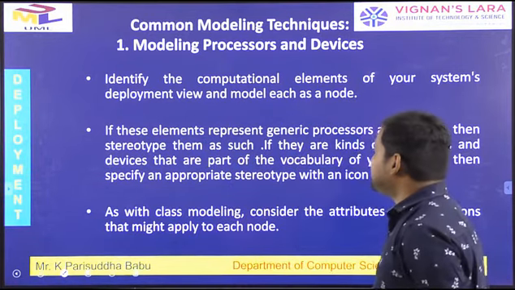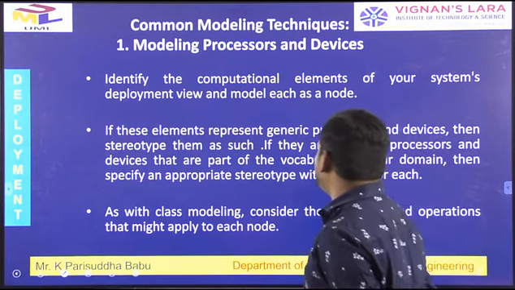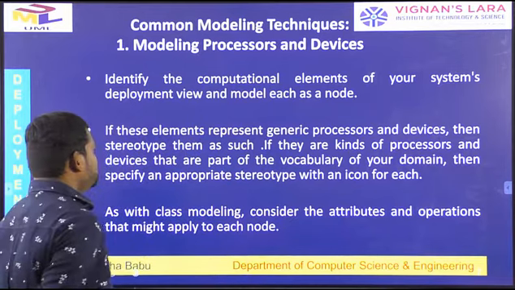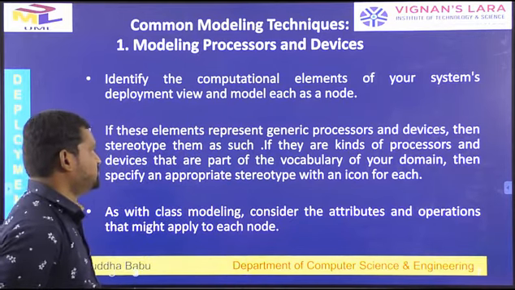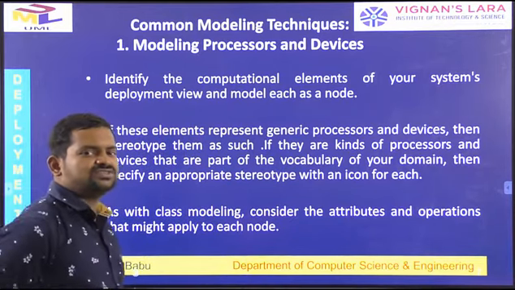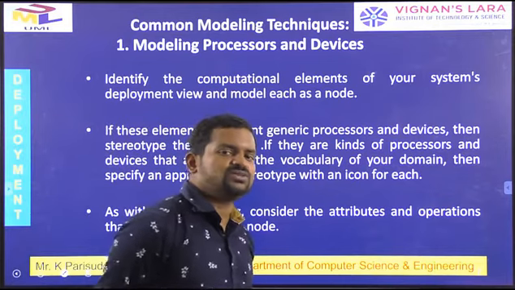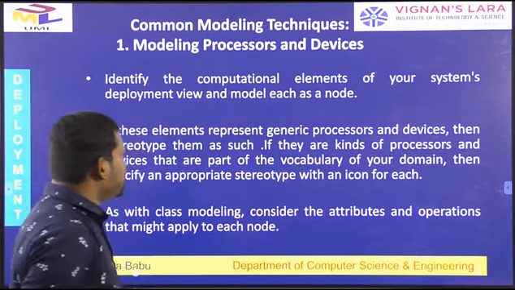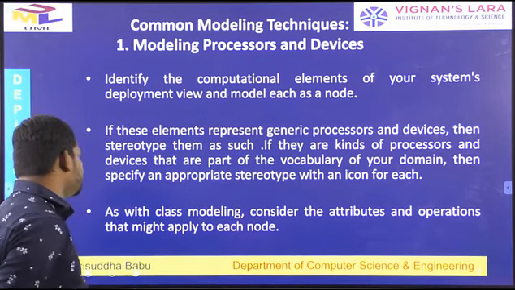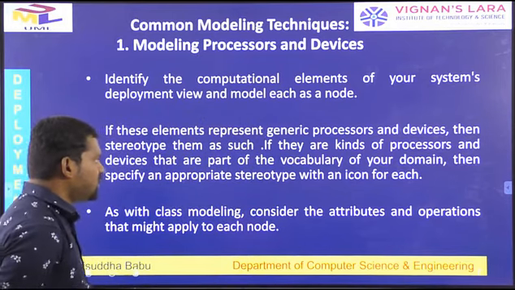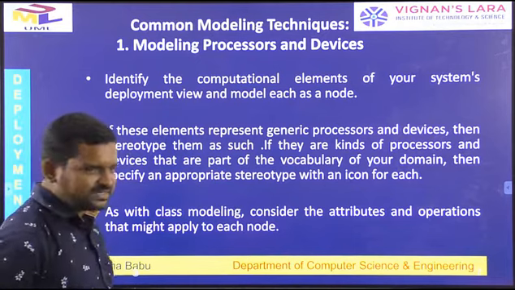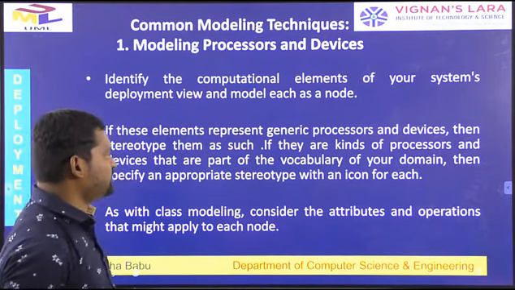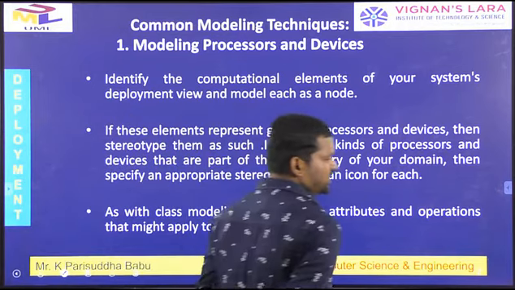If these elements represent generic processors and devices, then stereotype them as such. You may also give a stereotype representation for these connections. If they are kinds of processors and devices that are part of the vocabulary of your domain, then specify an appropriate stereotype with an icon for each.